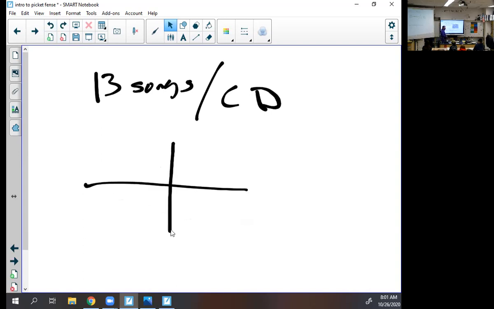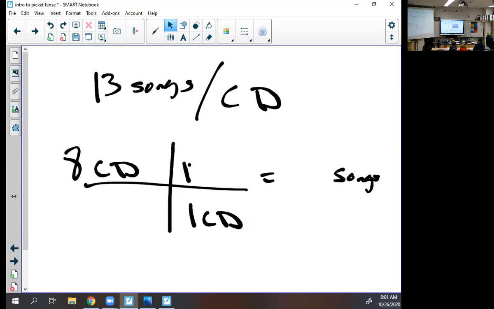So I'm going to put this little plus sign, and it's the start of what we call the picket fence. All right, and I'm going to say, if I had 8 CDs, and I want to know how many songs that is, I use my proportions. I know that for every 1 CD, I have 13 songs.